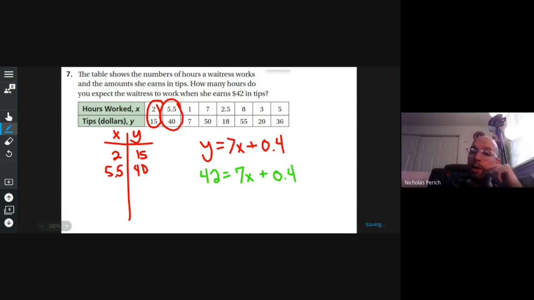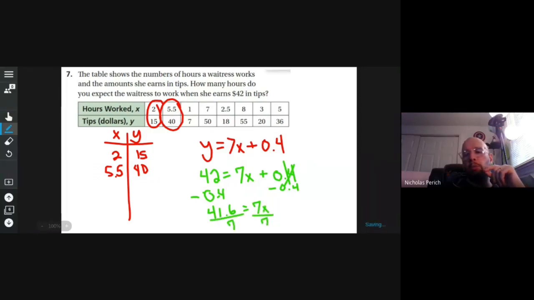It's been a while, but now I need to solve. Minus 0.4 minus 0.4, cross it out. That's going to be 41.6 equals 7x.